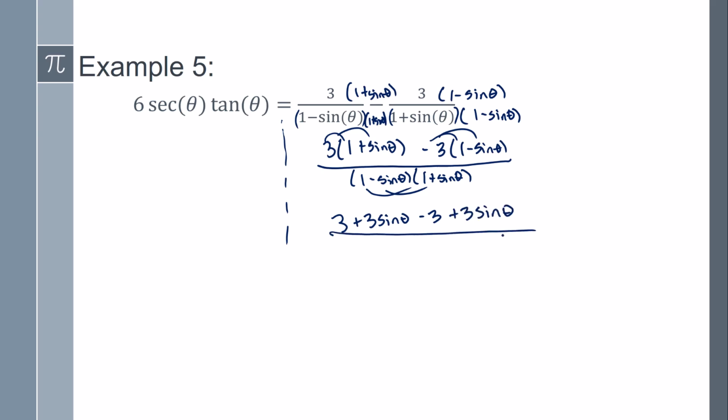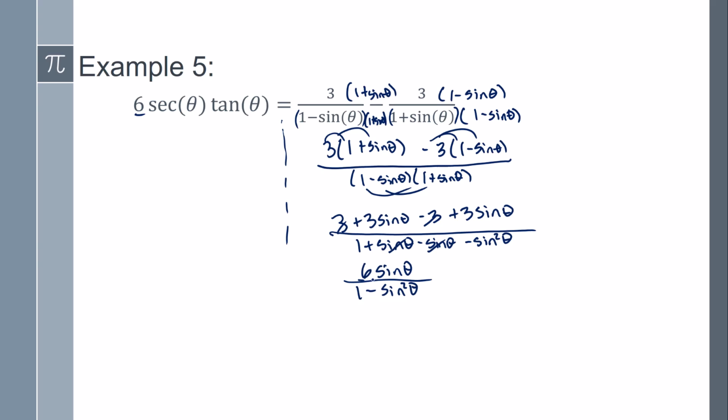And on the bottom, I'm going to get 1 times 1, 1 times sine, negative sine times 1, negative sine times sine. So that's going to reduce, that's going to reduce. Well, I have my 6. Look, we can look at that and compare that.